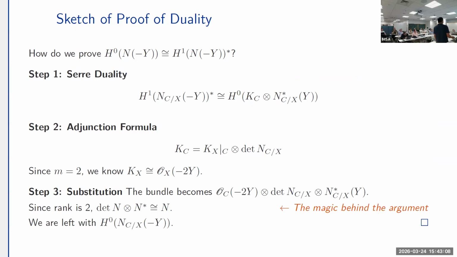So you have a formula for rank 2 bundles: you have the determinant on one side, you twist it with the dual, and you come back to N. So this was Eyal's question, why don't we put the dual here? It's precisely because of this equation. The same works in this twisted setting. I'm just twisting by minus Y, and I obtain the duality that I wanted.